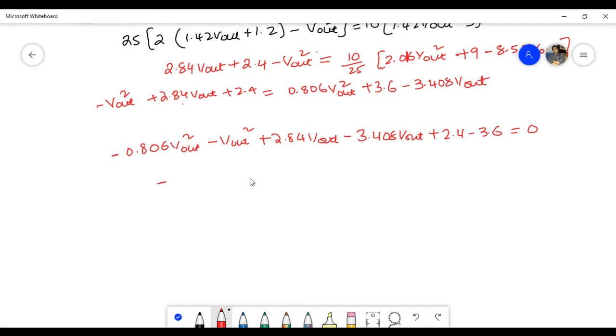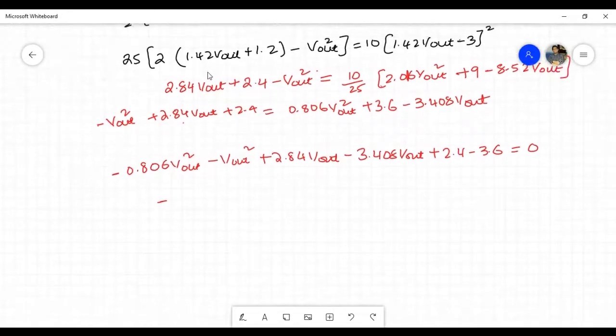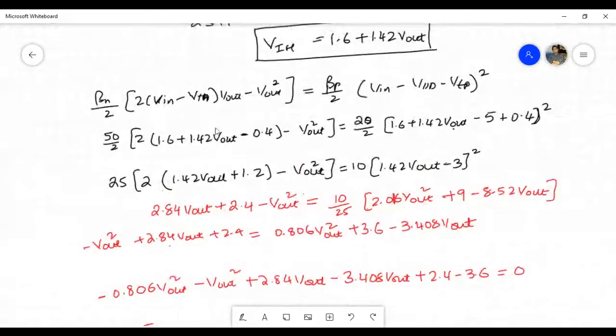There, actually, we forgot something here. What is that we have forgot? Because it should be V out. So this is V out multiplying with these two terms, right? Yes or no? V in minus VTH, V out. We have not considered this V out.